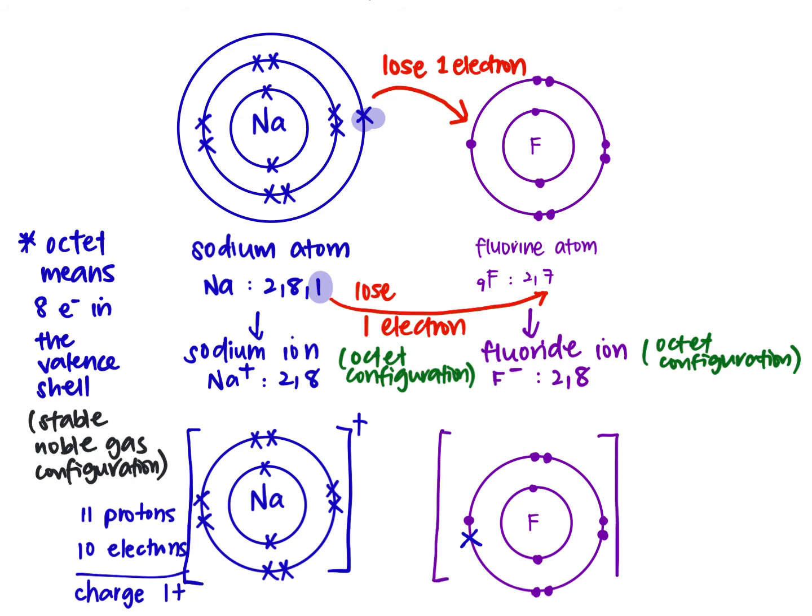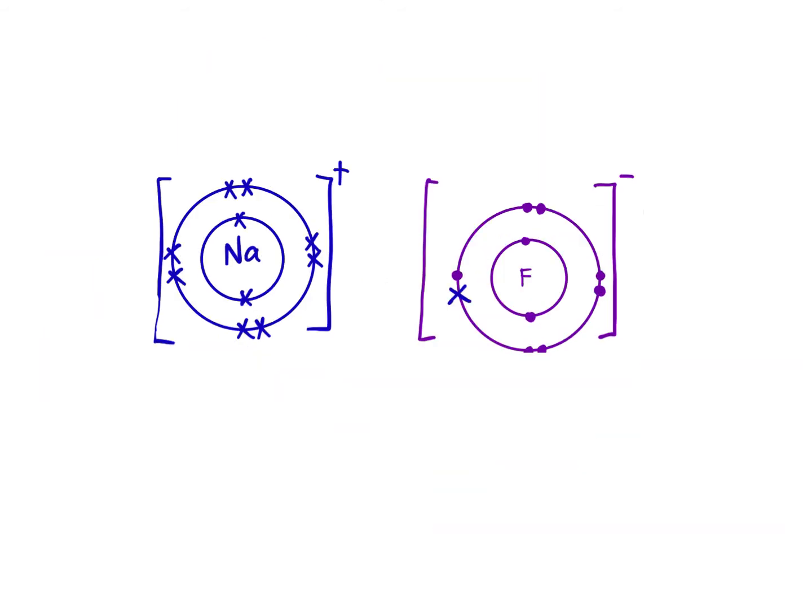So this makes it a fluoride ion with 9 protons and 10 electrons. The charge is now minus. So this is the final drawing.